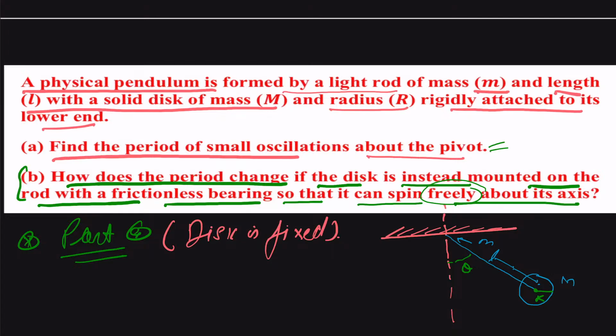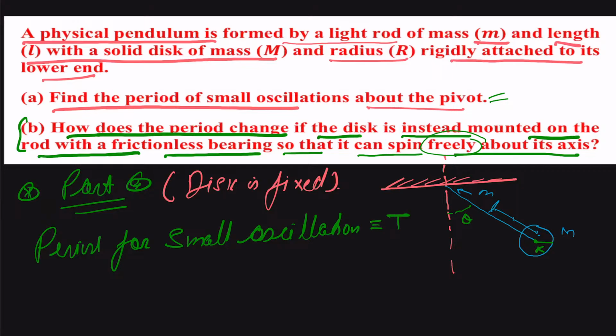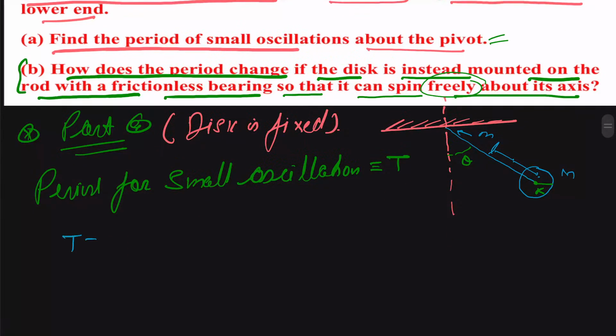And for this we already know the standard formula for the time period for small oscillation, and that is given as T. So the value of T is equal to 2 pi times the square root of I divided by the total mass times g multiplied by d.